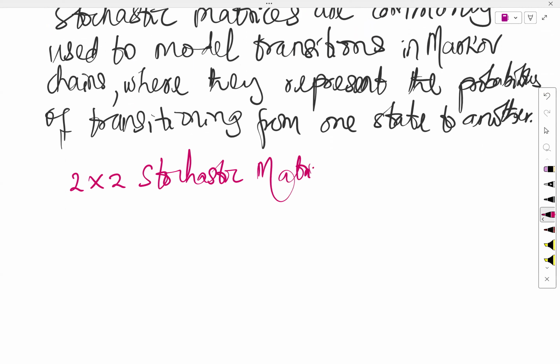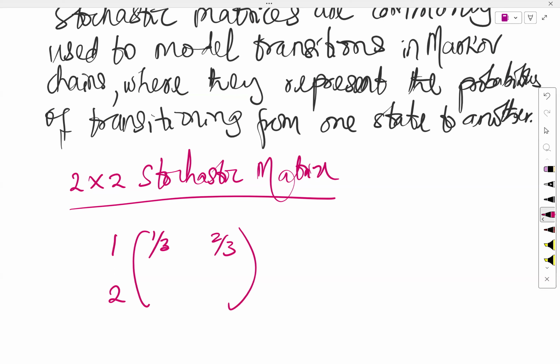Okay, so for example, we can have a 2x2 stochastic matrix which shows movement in states. Let's say we have states 1 and 2. We already know that all the elements are non-negative, and the sum of the elements in each row is 1. So if moving from state 1 to state 1 is 1/3, moving from state 1 to state 2 will have to be 2/3 because the addition of these two has to be 1.